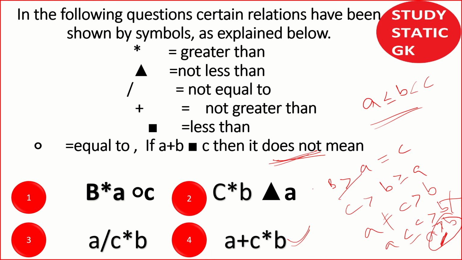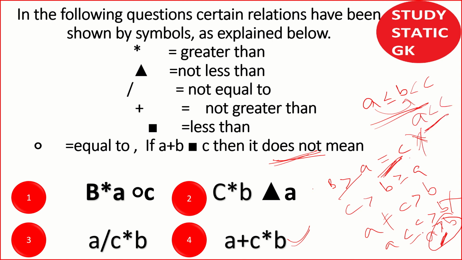So B greater than A, take A equal to C. So if A is equal to B, this is not fitting here, because A is equal to C. If we substitute over A also, A is less than C; A should not be C. This is wrong.